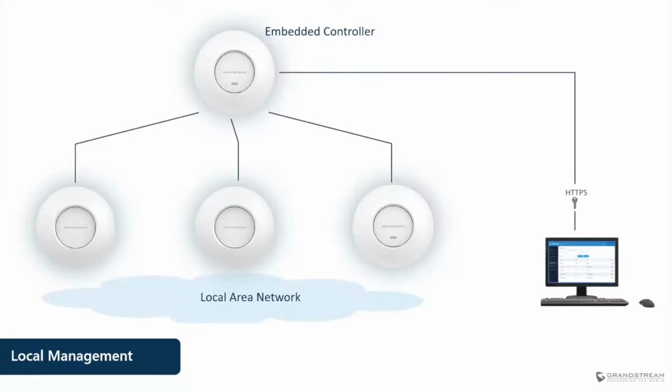To designate a controller, you simply choose an access point, log in to its web interface, then pair the remaining access points, and all of the paired access points will serve as slave access points. The integrated controller is free and doesn't require any licensing fees.